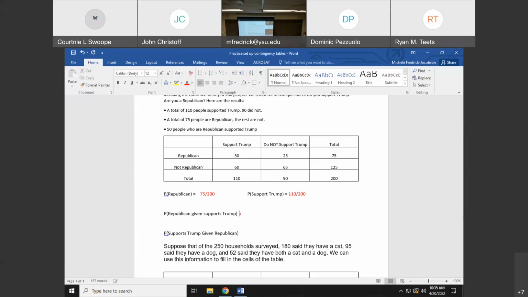Does everyone agree with that? Because we're given they support Trump. So support Trump is this column. Their Republican is 50 out of the 110.